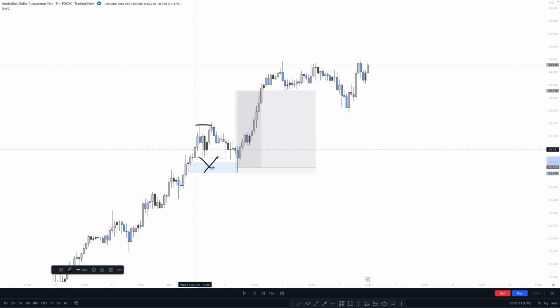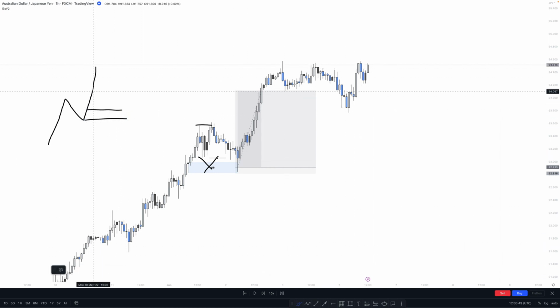Remember, in order for you to trade a high probability order block, you need to have momentum with no retraces, impulse, momentum. Sorry, no retraces here. You cannot see any retraces here. So you're going to have your order block, and the first rule is that this momentum needs to be clean, no retraces in momentum.